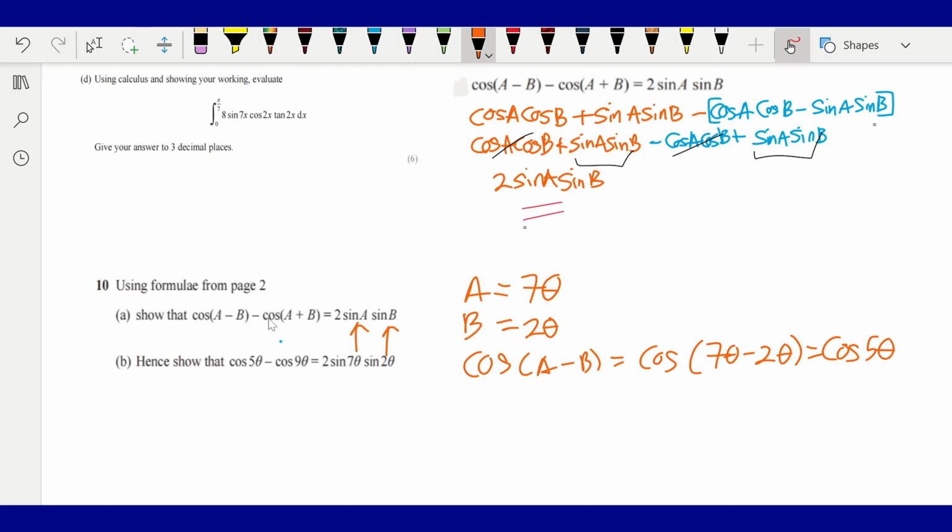Now cos(A plus B) is cos 7 theta plus 2 theta, which equals cos 9 theta.